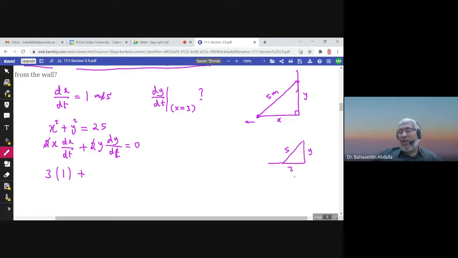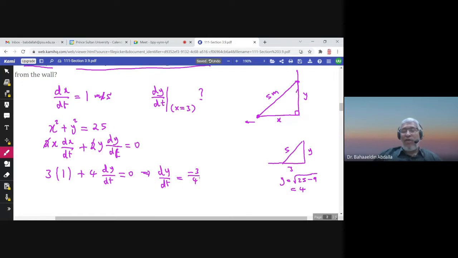Yeah, use the Pythagorean theorem. y would be the square root of 25 minus 9, which is 16. Square root of 16 is 4. So y would be 4. When x is 3, y would be 4. And dy by dt is unknown. Solve this equation for dy by dt. 3, take it to the other side and divide by 4.